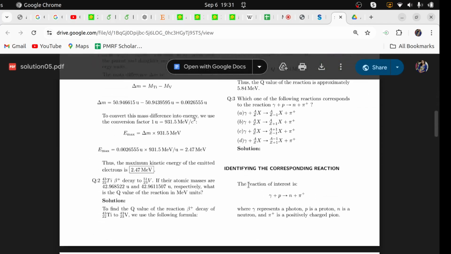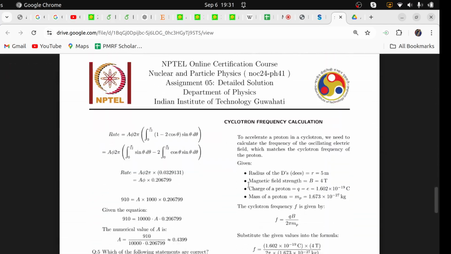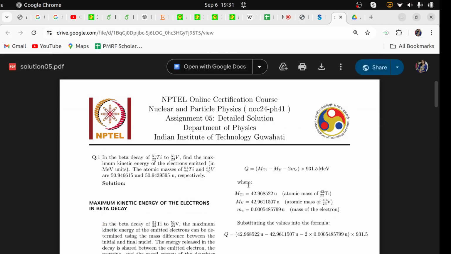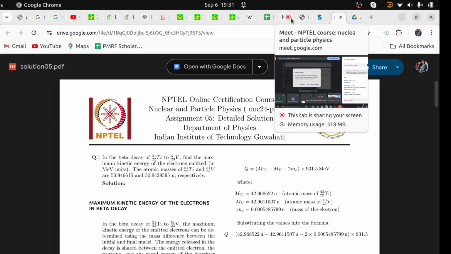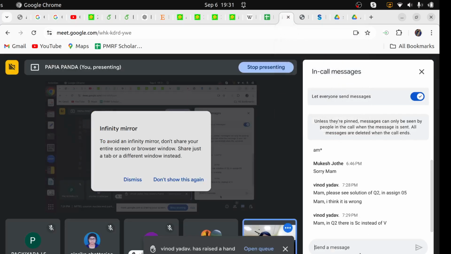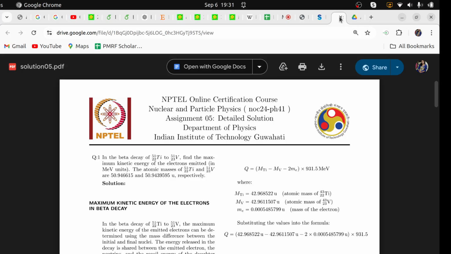And if the mass is fine, then there is no problem. Do you get my point? As it is only the Q value calculation, we need to check the atomic mass only. So if the mass is fine, then it is fine.